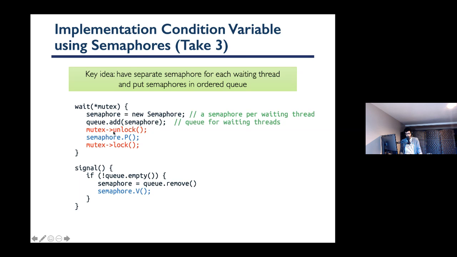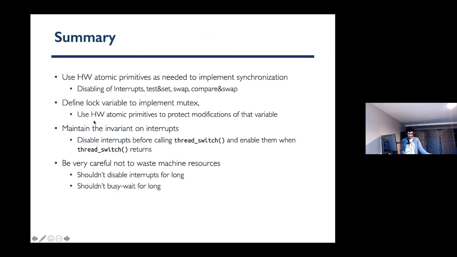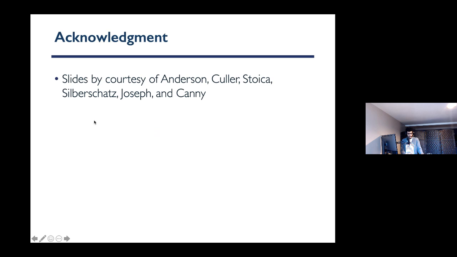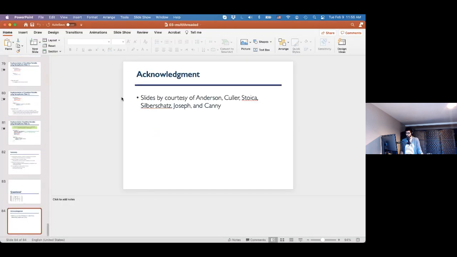So it is safe now to unlock the mutex and then call P, because we've already changed the state by adding ourselves to this queue. So now this queue also becomes part of our condition variable. Okay, that's pretty much it for what I had on multi-threaded kernels.